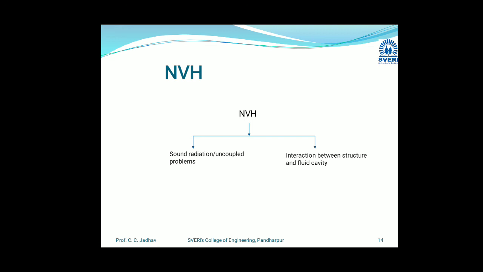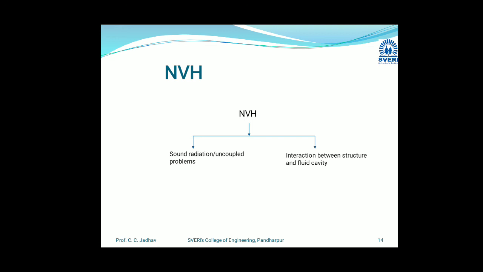So in sound radiation, an uncoupled problem, we predict how much sound pressure level is felt from a vibrating source at a certain distance. Suppose a certain object is creating noise, and from a certain distance we are hearing that sound, and we can predict how the sound pressure increases from that vibrating source at that distance.